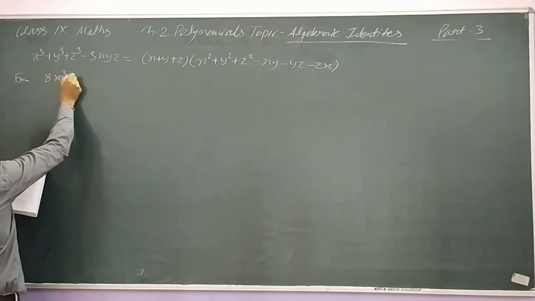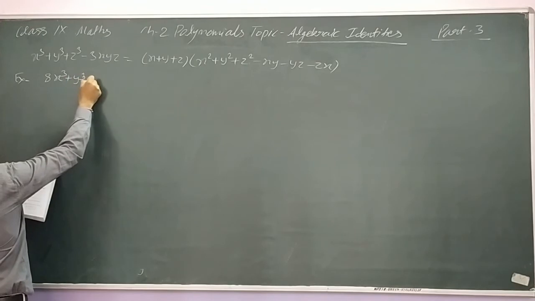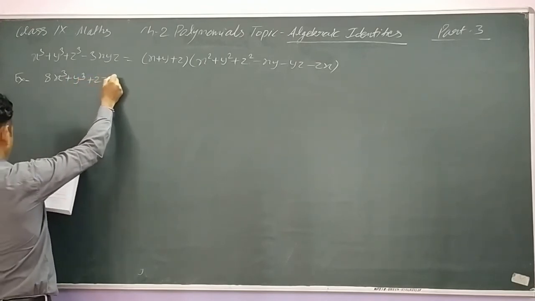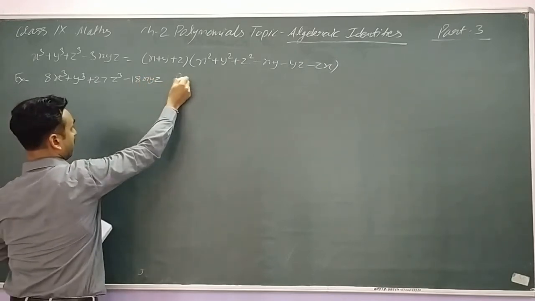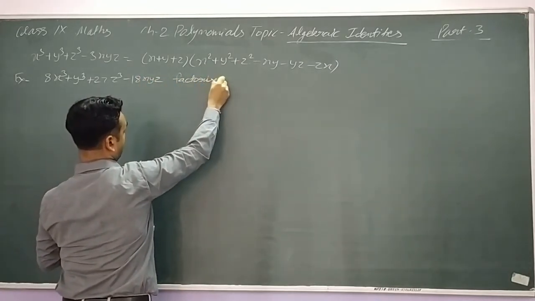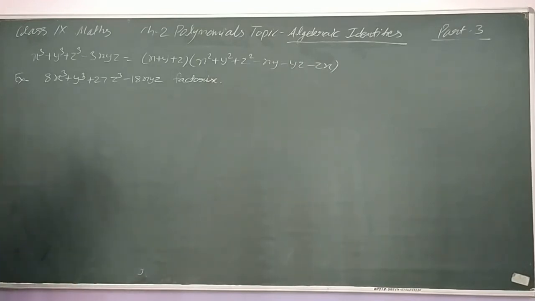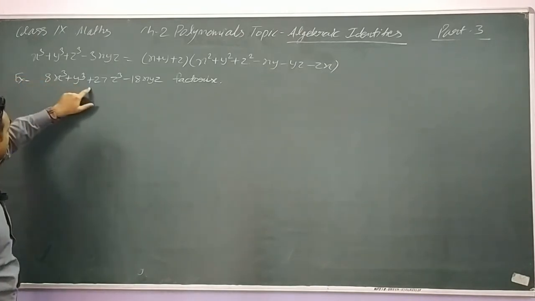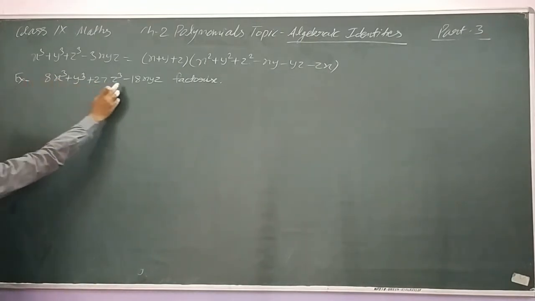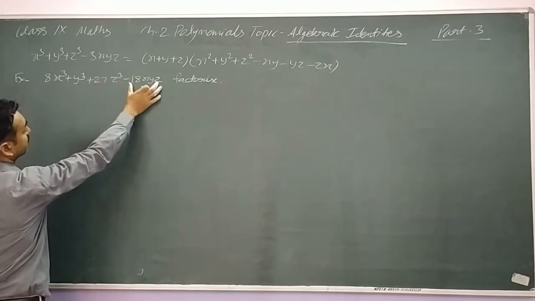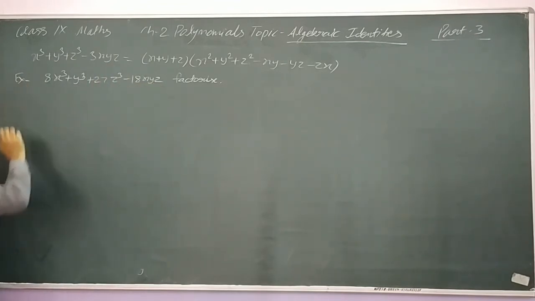8x cube plus y cube plus 27z cube minus 18xyz, and we have to factorize. First of all we have to see the question very carefully and think about which identity to use. Here there are three variables with cube and one term with minus xyz, so the last identity will be used.